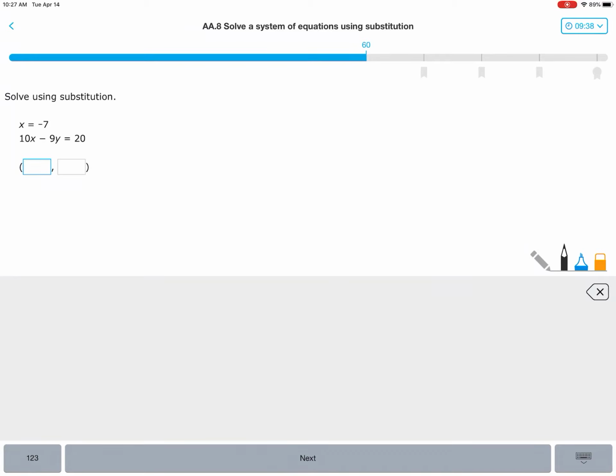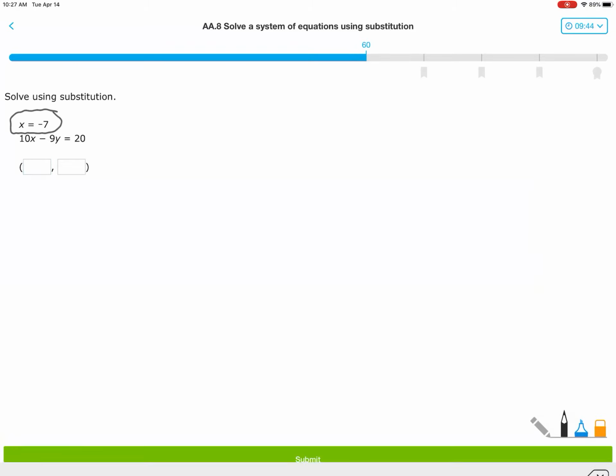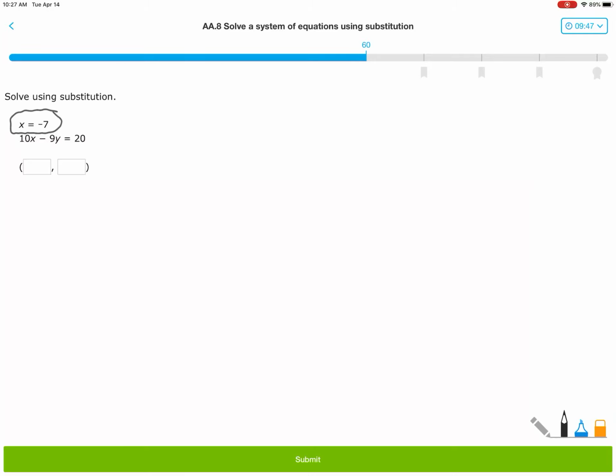This is another simple one because they tell me what x is already. So I'm going to put it into the other equation. I'm going to say, right, that was step 1 already done for me.